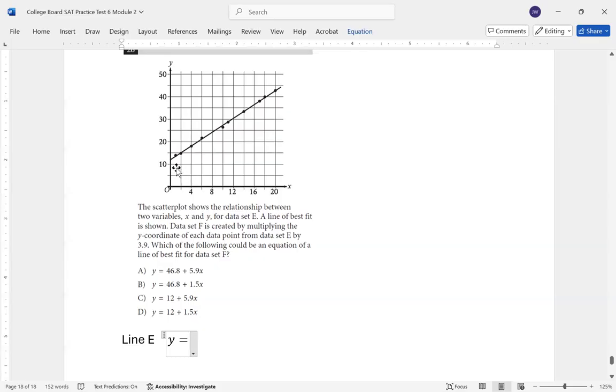Now, if you think about the slope of this line, going from 0 to 2 goes from about 12 to 15. So we're going up 3 when we went over 2.